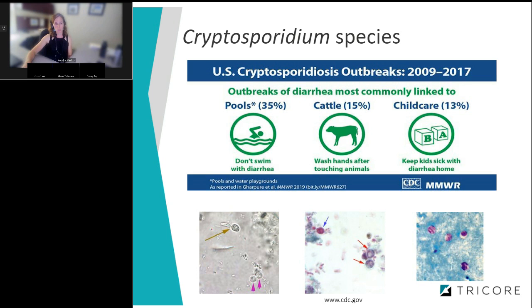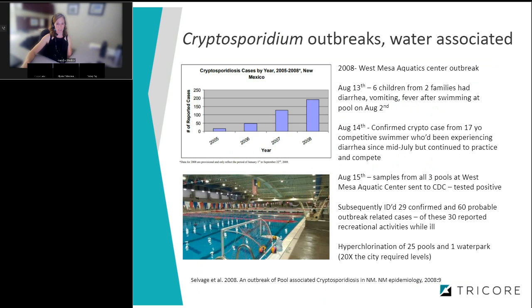So these red arrows are also pointing to Cryptosporidium cysts. Another stain that is commonly used is a modified acid-fast stain. These Cryptosporidium oocysts appear 4 to 5.5 microns in diameter, and you can sometimes see sporozoites inside the cysts.